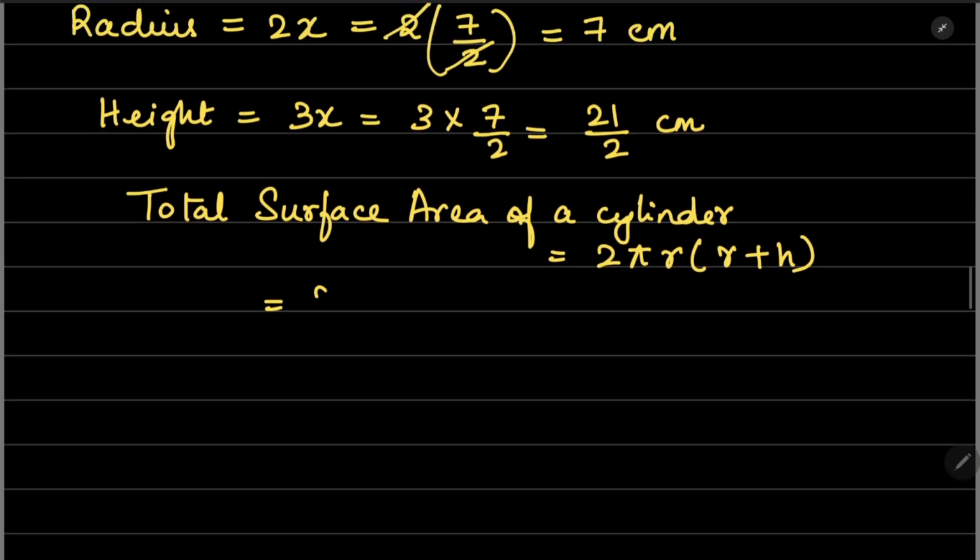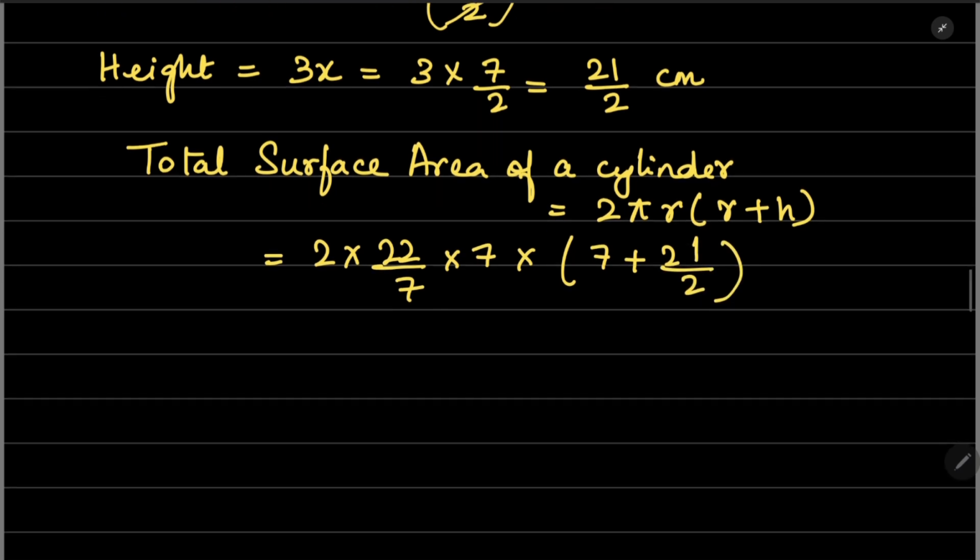So it's nothing but 2 multiplied by 22 by 7. 2 pi r, r is nothing but your 7, multiplied by r plus h. So what is your r? 7 plus h is nothing but, sorry, 21 by 2. Okay, so 7 gets cancelled.